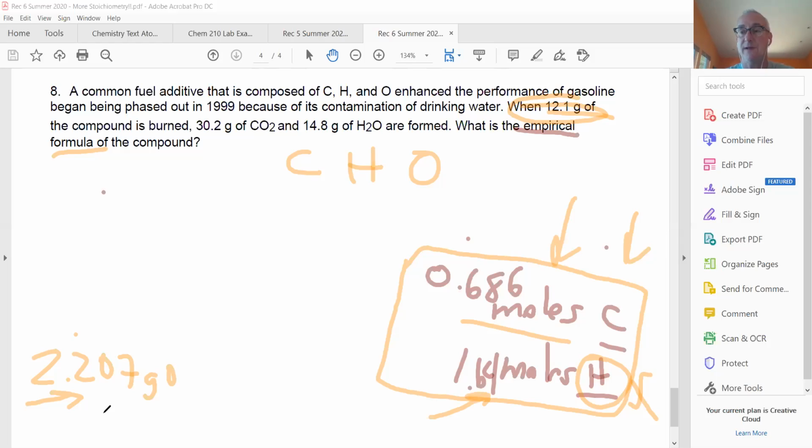The remainder that wasn't carbon and wasn't hydrogen would have to be oxygen. And the remainder was 2.207 grams of oxygen. Oh, okay. So I'm two thirds of the way home.